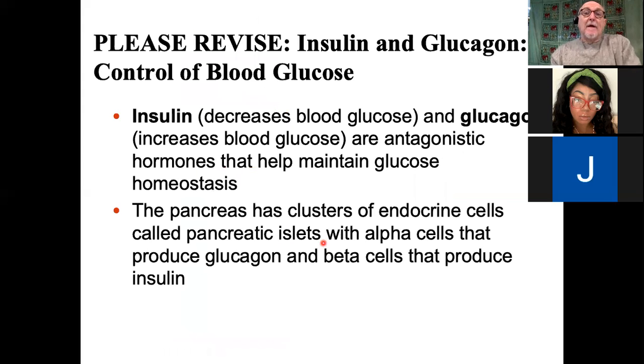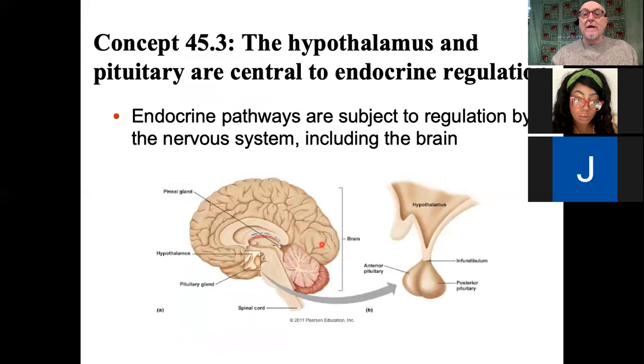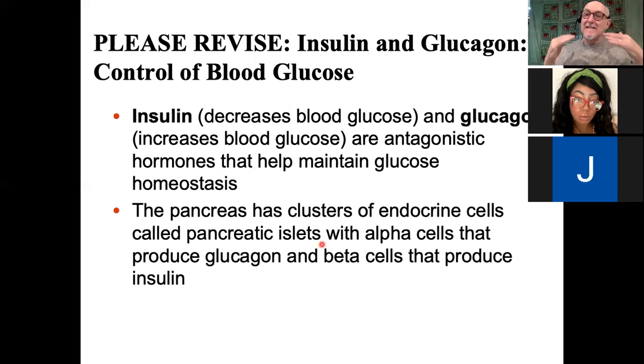Okay, now in the feedback systems, the classic one which you really do need to understand, we have already discussed in some detail, and I'm not going to repeat it. And this is the system which maintains blood glucose. It operates through two competing systems, both of them regulated by the pancreas.